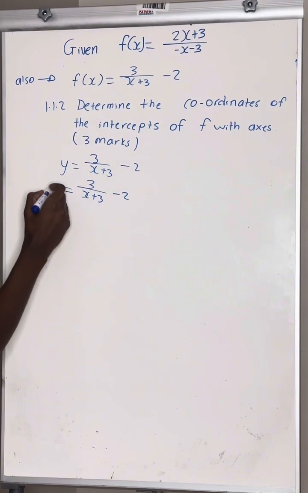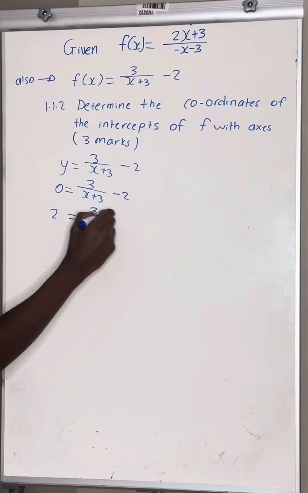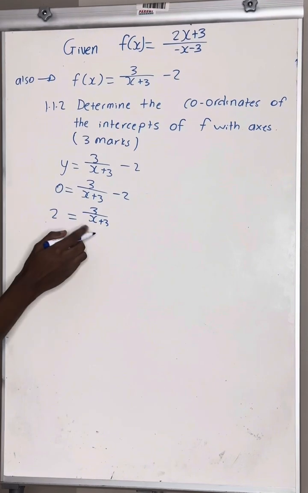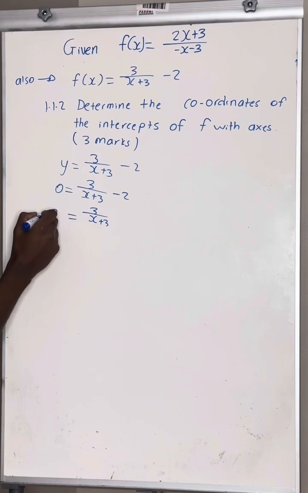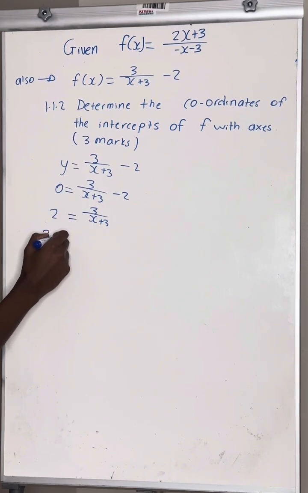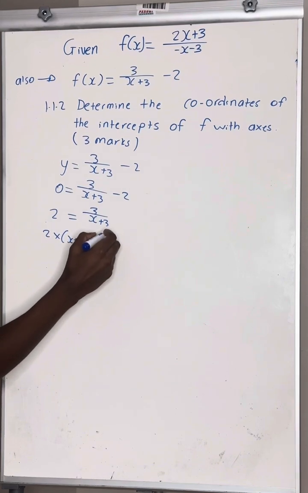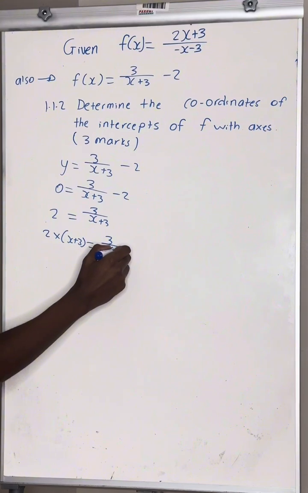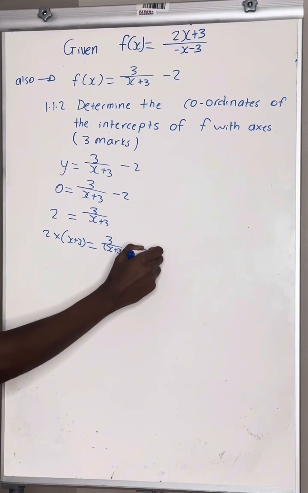Negative 2 across the equal sign is going to be positive 2, which is equal to 3 over x plus 3. Now we can see that there's a denominator, so let's take this denominator and multiply it on both sides. So it's going to be 2 times (x + 3) is equal to 3 all over (x + 3) times (x + 3).